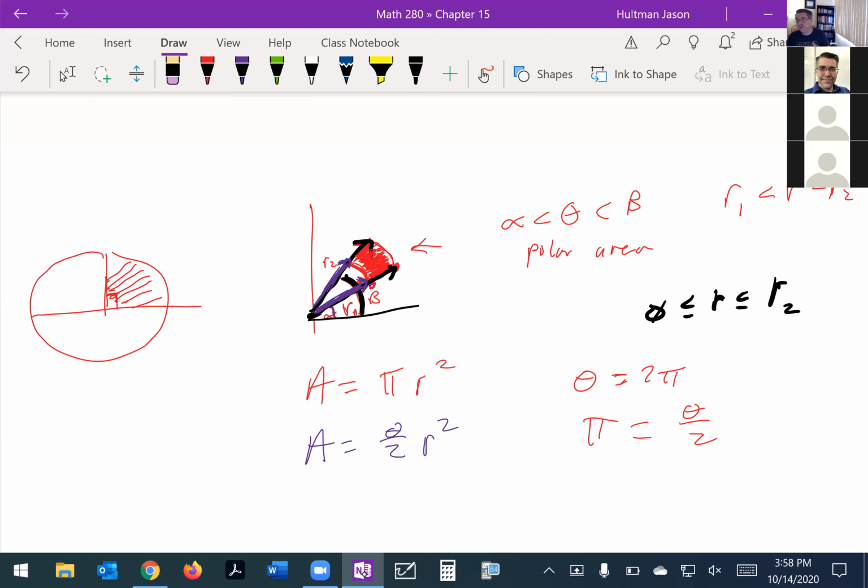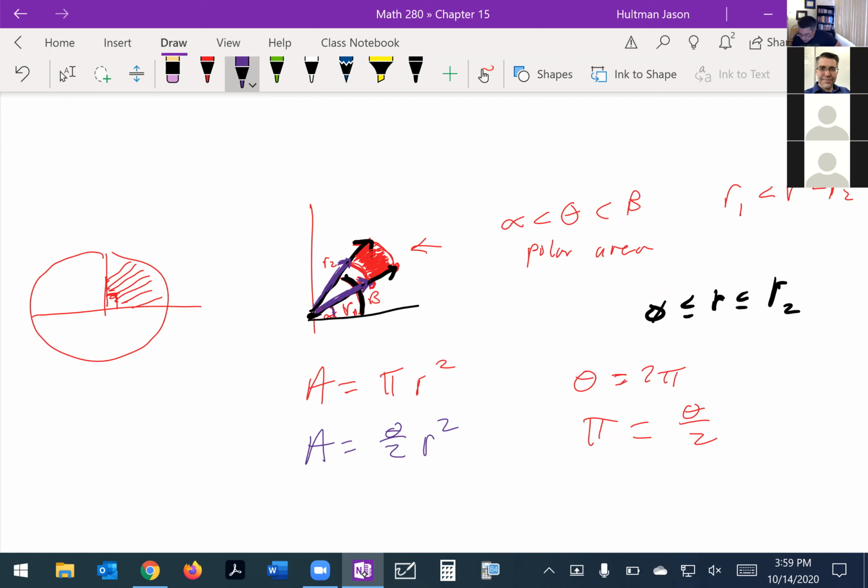Theta is a fractional amount of 2 pi in radian coordinates. So here's my area. If it was the whole thing, it would be 2 pi. But theta is a fractional amount of 2 pi. So pi is a fractional amount of theta over 2.